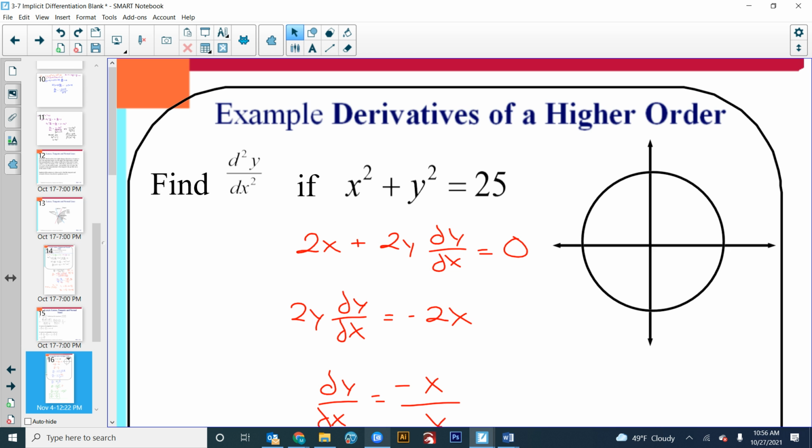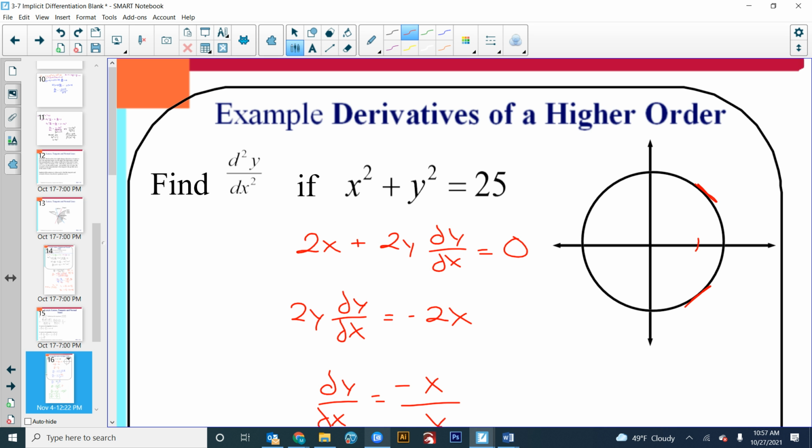We could spend a whole class period just talking about the attributes of this. First of all, not a function. Fails the vertical line test. So at any x, there could possibly be two outputs of slope, correct? This slope or that slope.